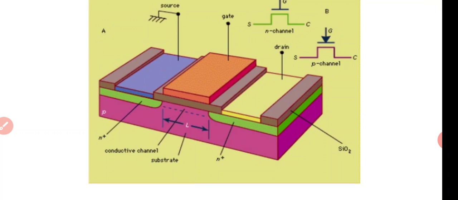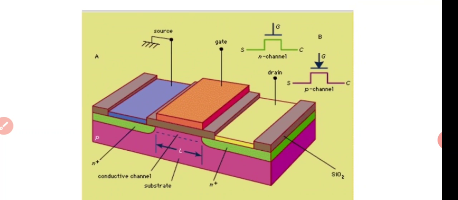The structure or construction of MOSFET: it is a 3 terminal device. BJT is a 3 terminal device, and MOSFET is a 3 terminal device: source, gate and drain. Here the source works like an emitter, the gate works as a base, and the drain works as a collector.